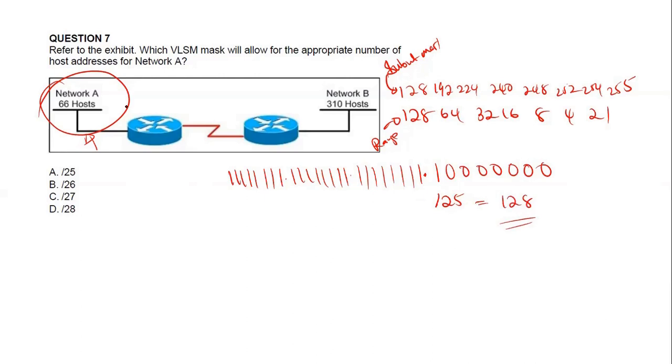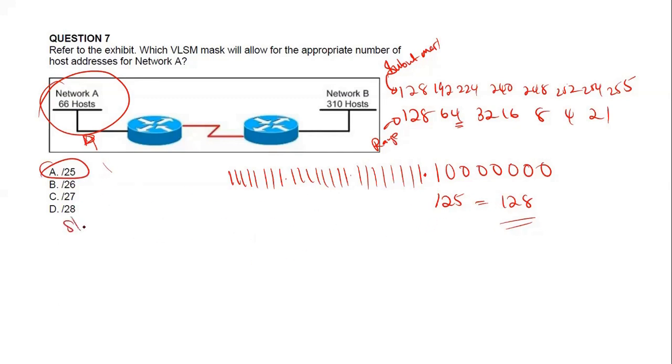And looking at this, we are looking at 66 hosts. Since we cannot go into /26, because if you go to /26, you get a range of 64, you can't work with that. So you need to use the range that will give you ample IPs for your hosts. So the answer for question 7 is A, /25.